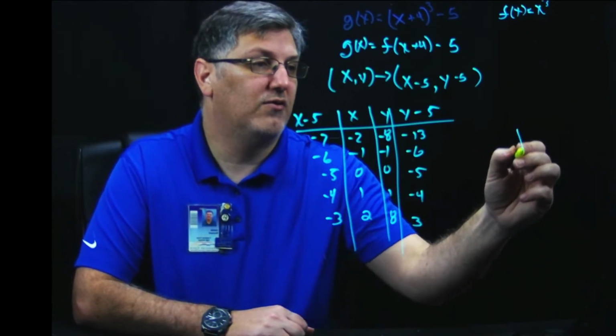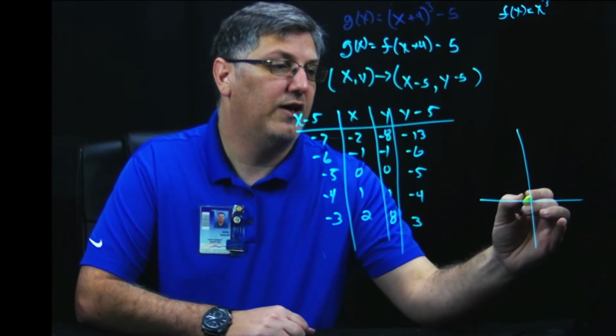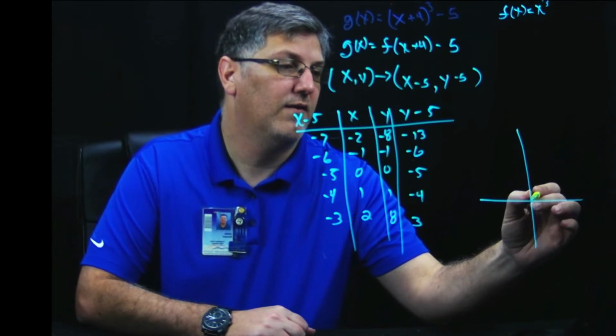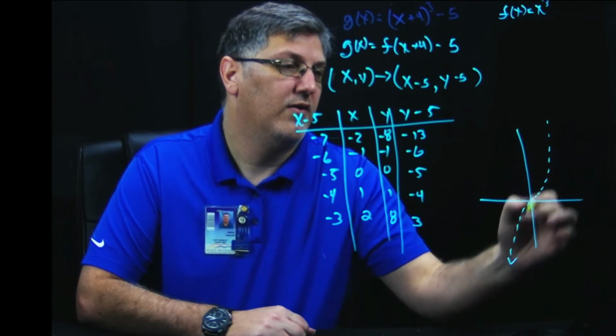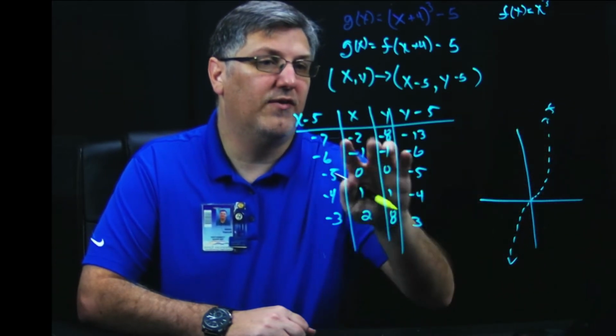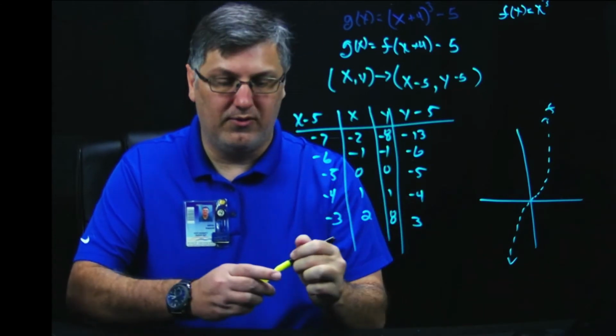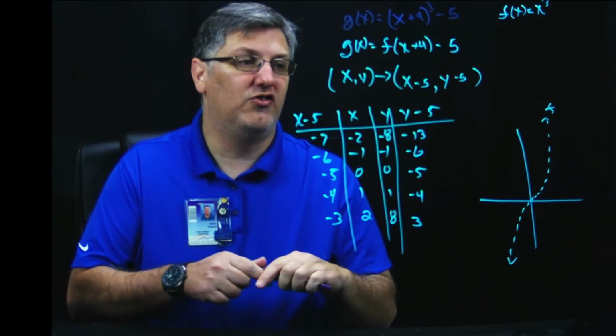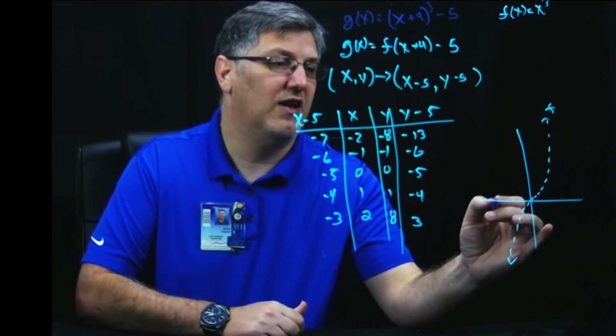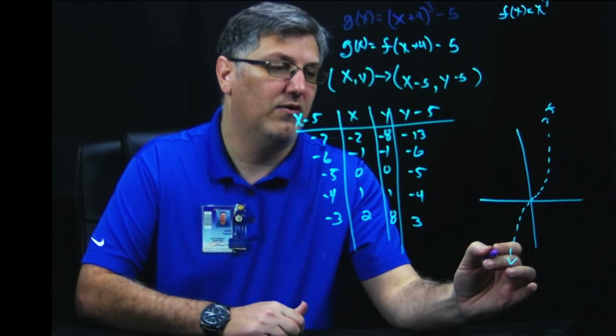I can just simply graph. So here is my parent function. So this is f, and that's going to include these points right here in the middle. So now what I'm going to do is plot these points, and I'm going to have my g. So -6, -13 down here somewhere.